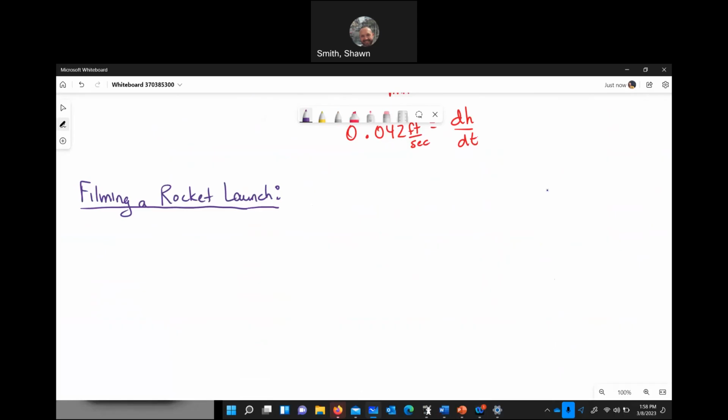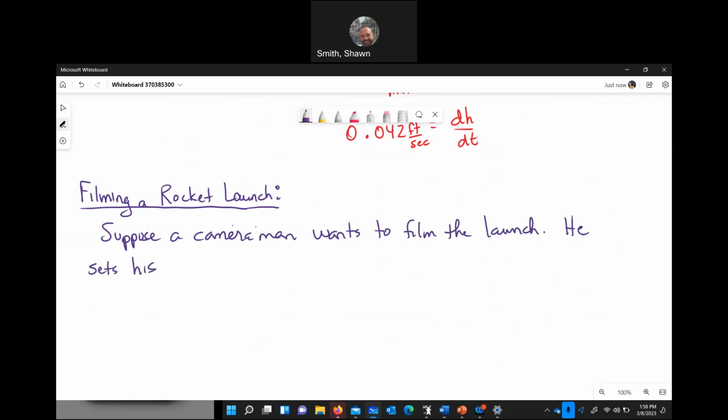All right, so suppose a cameraman wants to film the launch. He sets his camera 3,000 feet away from the launch pad.